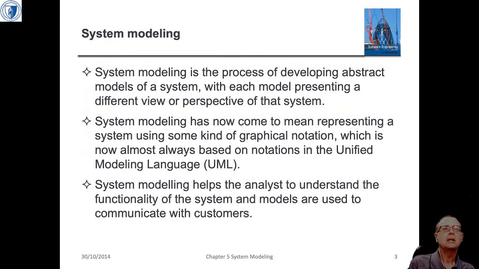So system modeling is, as it says, the process of developing abstract models of a system so that you can have different views on the system. We're going to be using UML, the Unified Modeling Language, to do this.